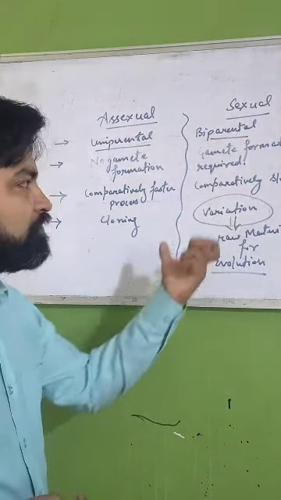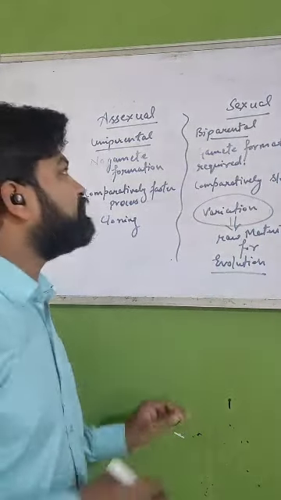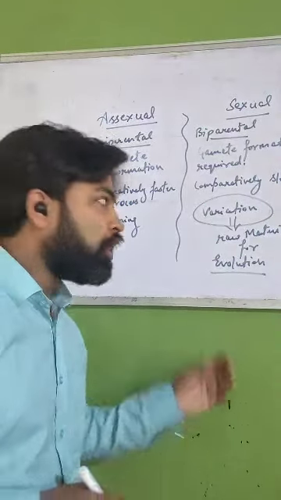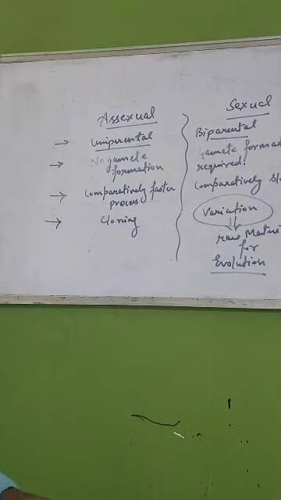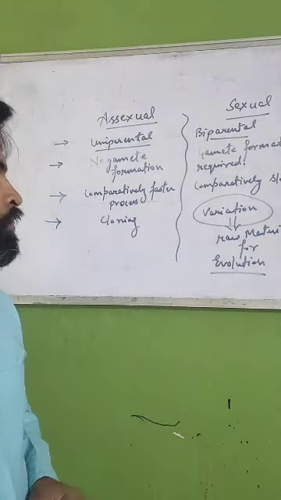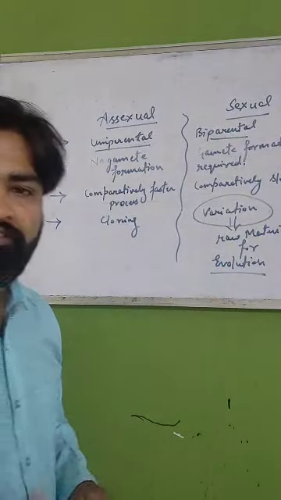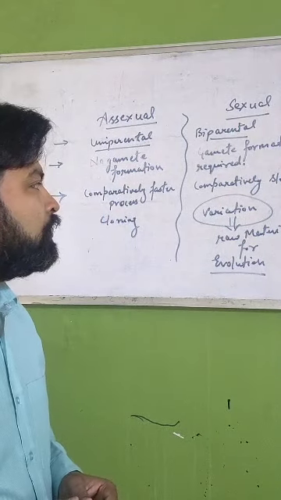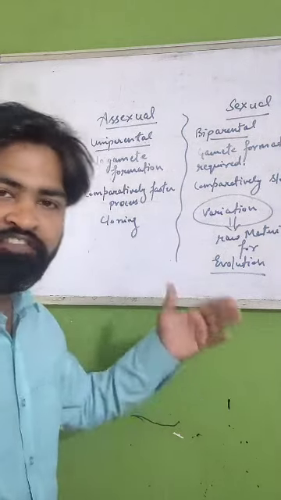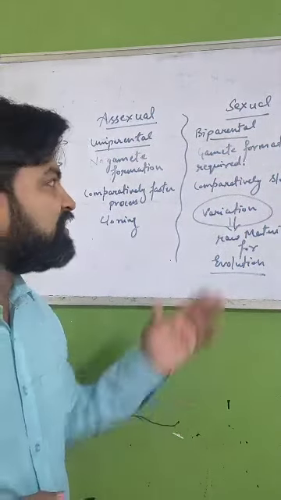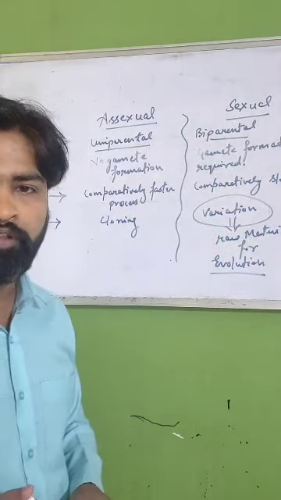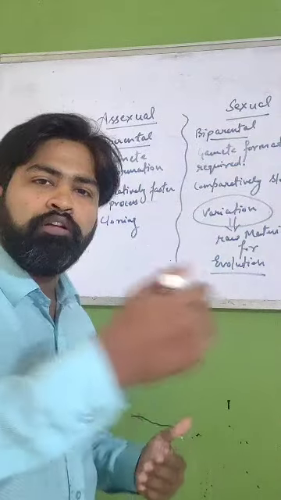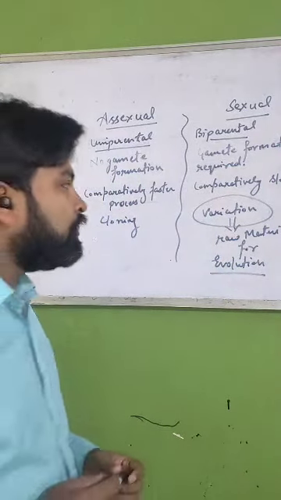So variation is one of the major characteristic features of sexual reproduction. It enables the organism to survive in the changing environment. If variation takes place in different sexually reproducing organisms, they can survive with changing environmental conditions.